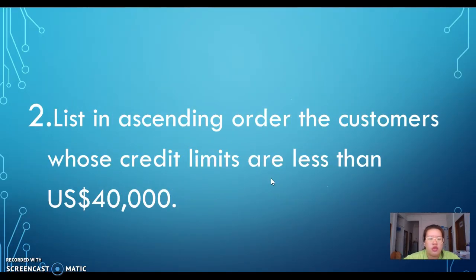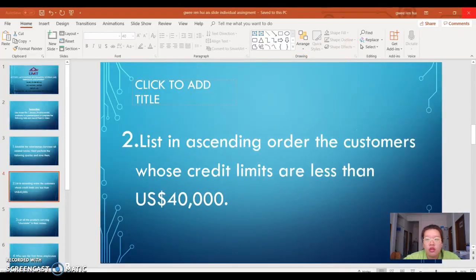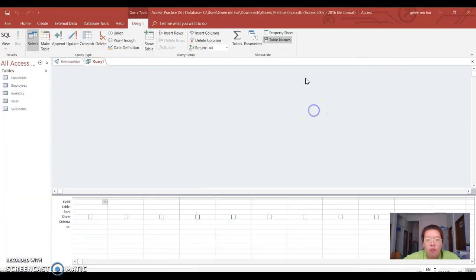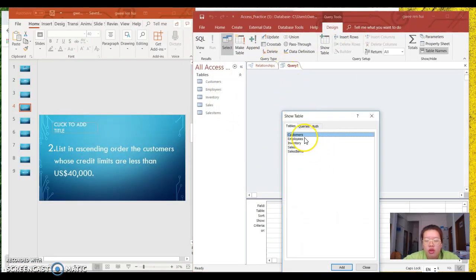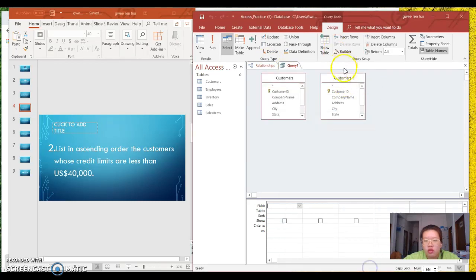Okay, now our second question is list in ascending order the customers whose credit limit is less than 40,000. So we need to show the table, and what we need is only the customer table. This one we did it.